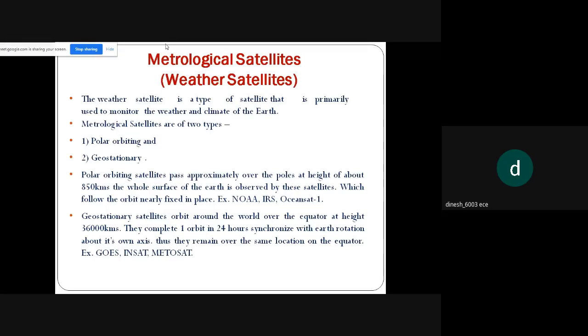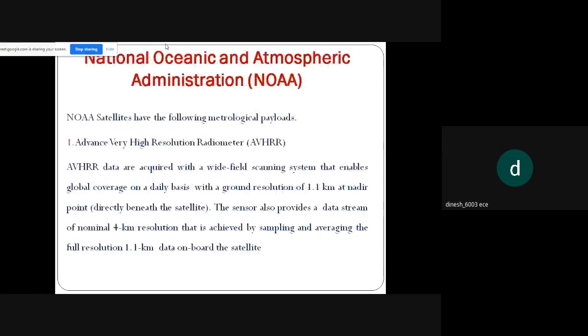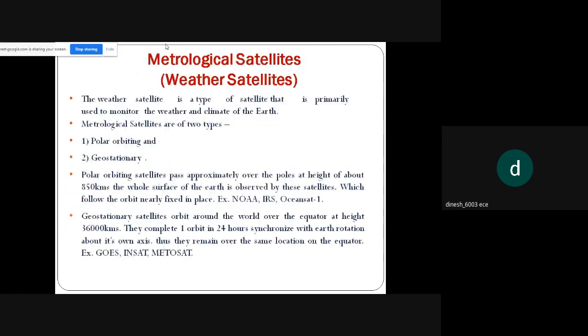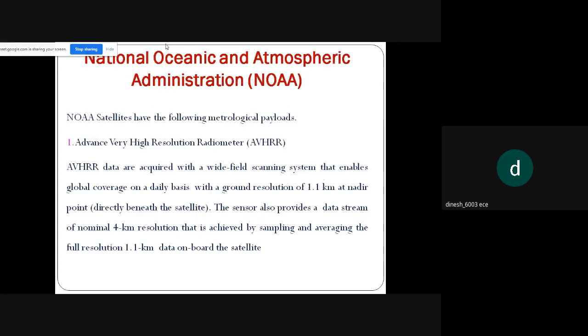Thus they remain over the same location on the equator. Examples of geostationary meteorological satellites are GOES, INSAT, and METEOSAT. Just now we saw NOAA, which is a polar orbiting satellite. NOAA is abbreviated as National Oceanic and Atmospheric Administration.